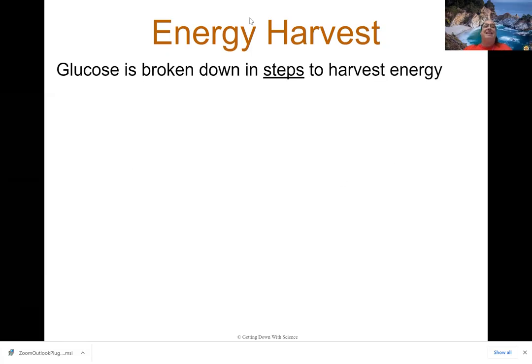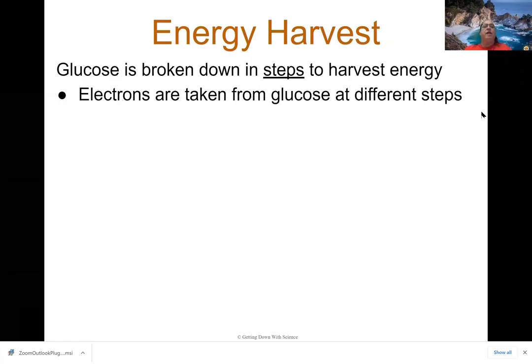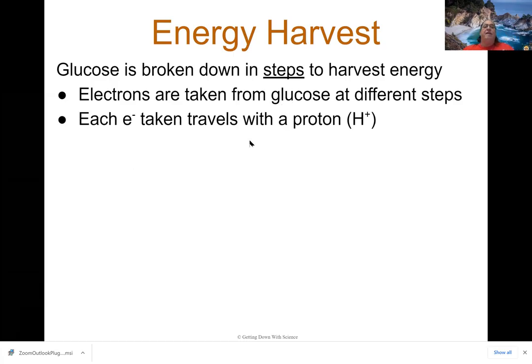But how do we harvest this energy so it is usable? So glucose is actually broken down in steps to harvest the energy. The electrons are going to be taken from the glucose at different places in these steps. Each electron that is taken will ultimately travel with a proton, typically a hydrogen ion.